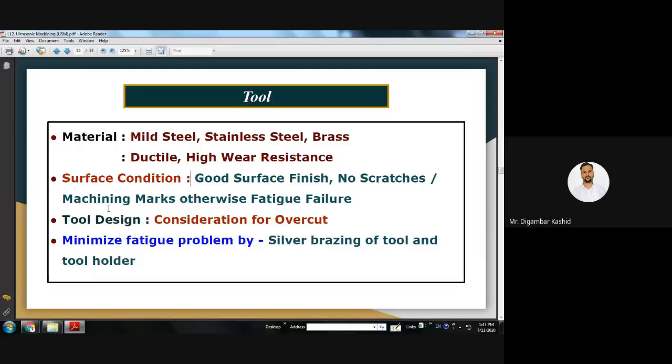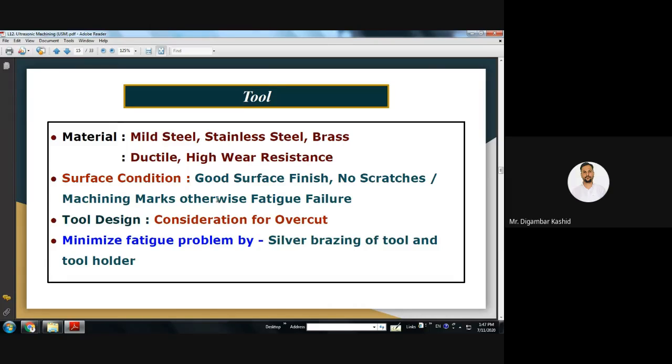So the scratches and machining marks matter, because tools are subjected to very high frequency load changing. Hence I can say fatigue failure of the tool may take place if it has scratches or machining marks.